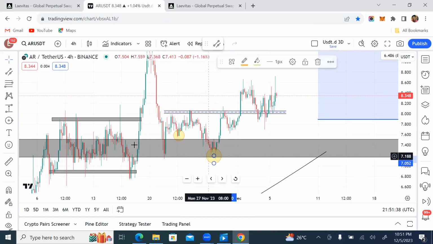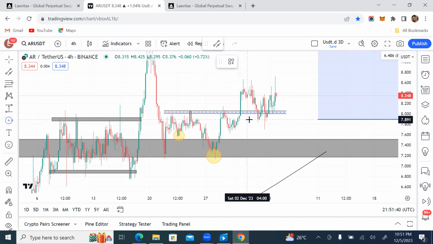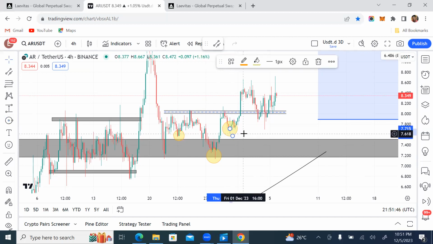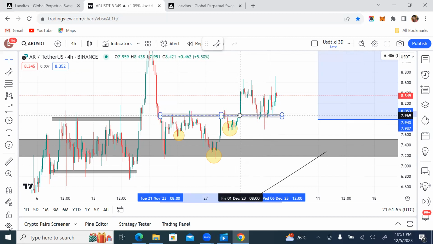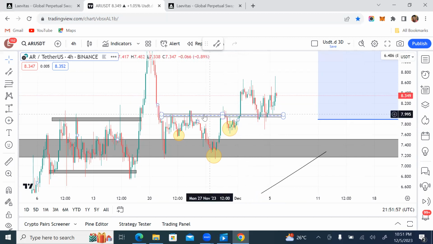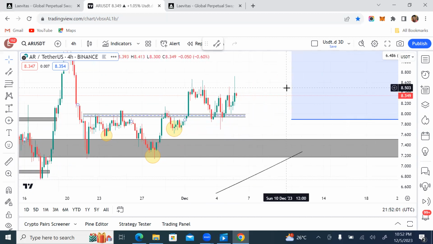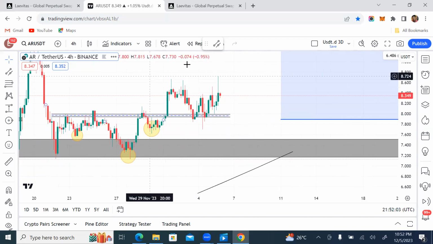This is the inverse head, the second shoulder, somewhere around here. And then we had a breakout. Now we have a retest, somewhere around here. And most definitely price is going to what? Break out to the upside.